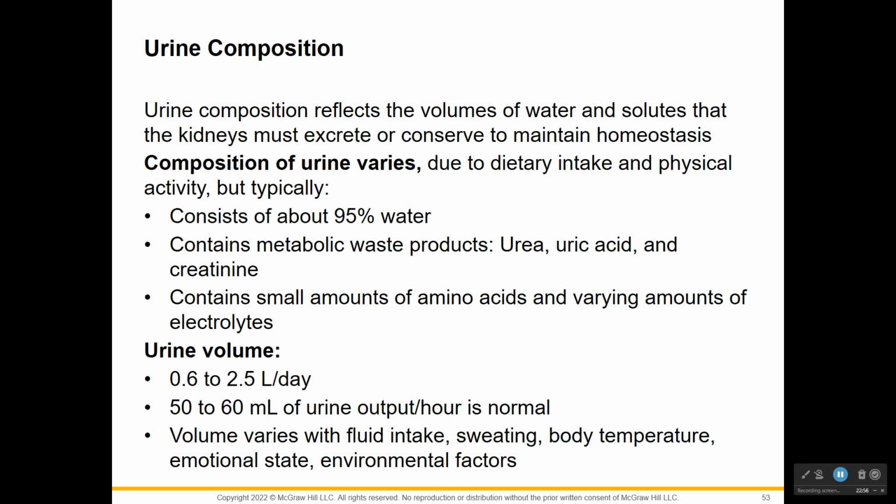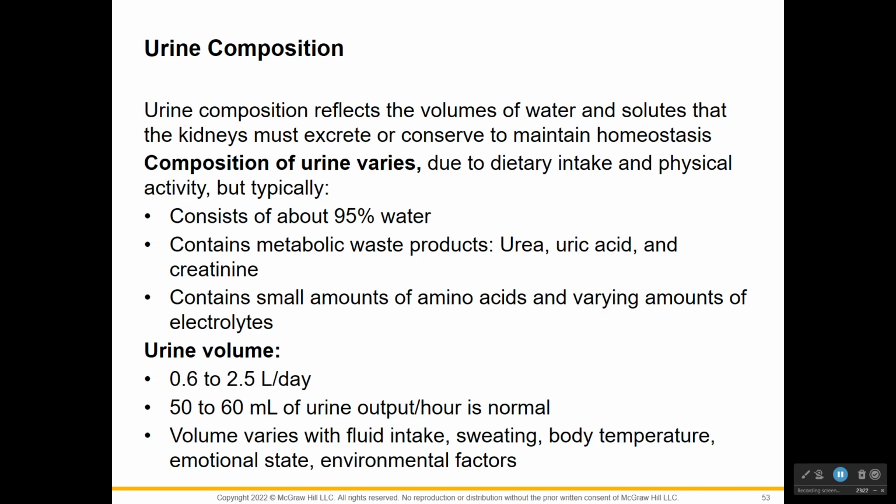So what is urine made out of? Well, it depends on what you're drinking and what you're eating. So it can vary due to, of course, what you're ingesting, but also your physical activity. How much sweat are you getting rid of water? But it is mainly water, and then it has these metabolic wastes, the urea, the uric acid, and even some creatine.